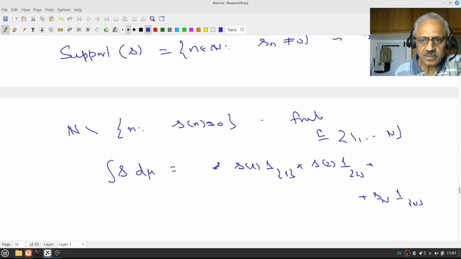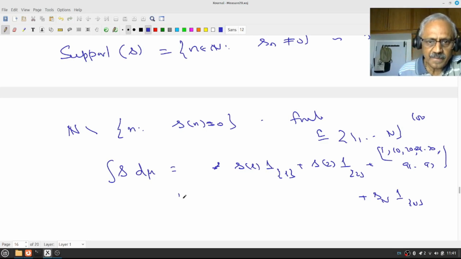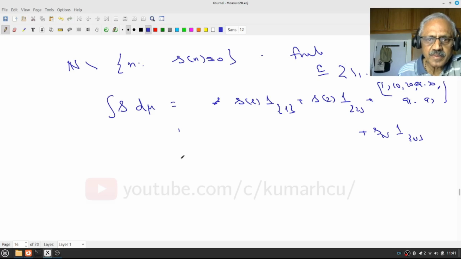Some of the s_1, s_2, up to s_n may be 0, because n may be 100, but maybe only 1, 10, 20, 21 up to 30, and 91, 97 are the only places where s(n) is non-zero, and I am saying it is contained in 100. Do you see that? Convince yourself of this.